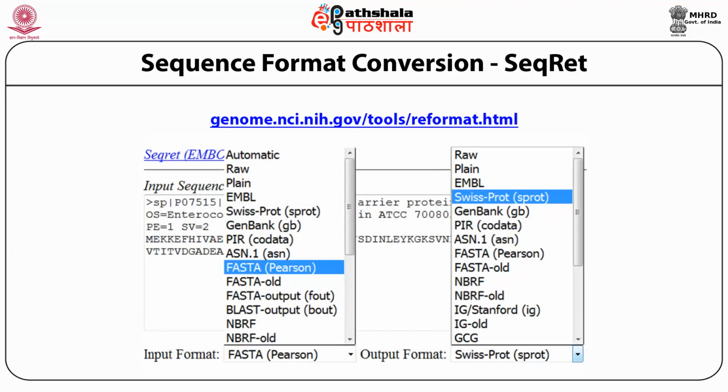Another implementation of EMBOSS Seqret is available at genome.nci.nih.gov/tools/reformat.html. Paste the FASTA sequence in the text box and then select the input sequence and the output sequence format from the drop-down list and click the Submit Request button.